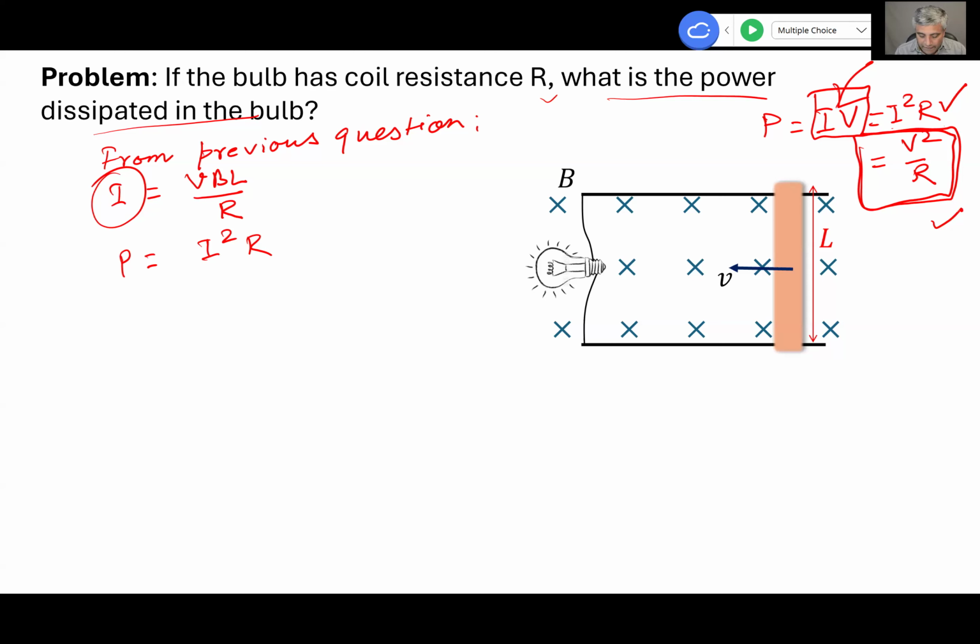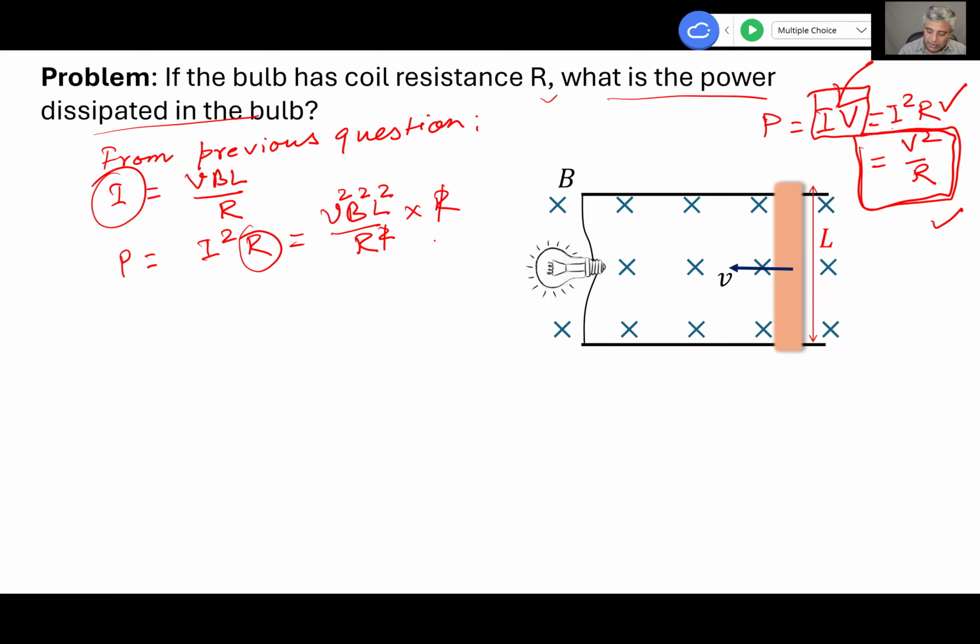So that means it's going to be B, v, L, and since this is I, it has to be squared. So this has to be squared, this has to be squared, this has to be squared, and that has to be squared. And then there is R. So this R cancels.